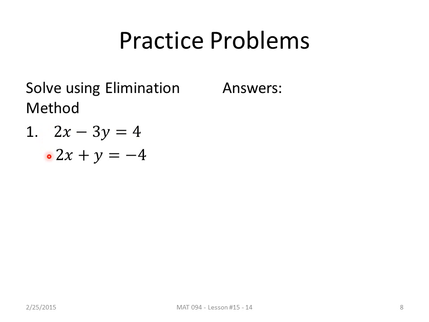I can choose to get rid of the x's, in which case I would need to multiply one of the two equations by -1 and leave the other equation alone. I could also choose to get rid of the y instead. In that case, I would need to leave the -3 alone because it's negative, but I would need to multiply the bottom equation by +3 so that I would have -3 and +3.